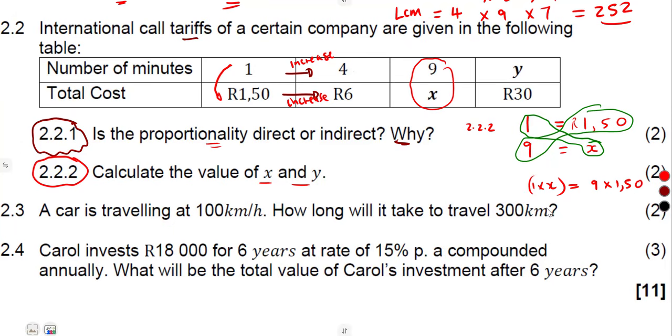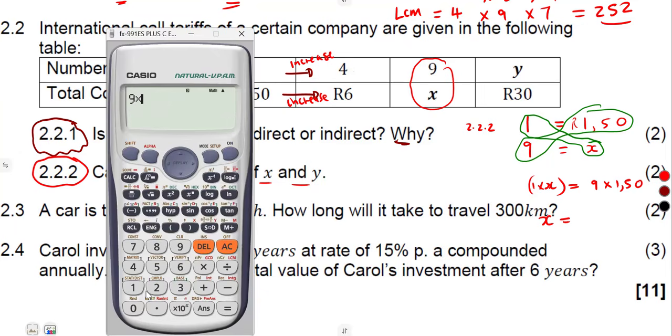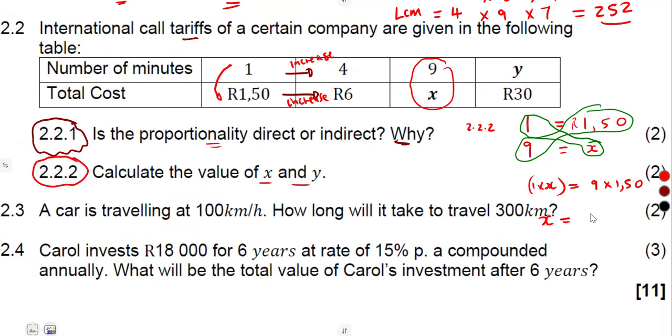You can put a 0, no problem. 1 times x, that is x. 9 times 1,50, that's 13,5. Remember, x represents the total cost. So that's 13,50 rand. You must have the same presentation, 2 decimal places.